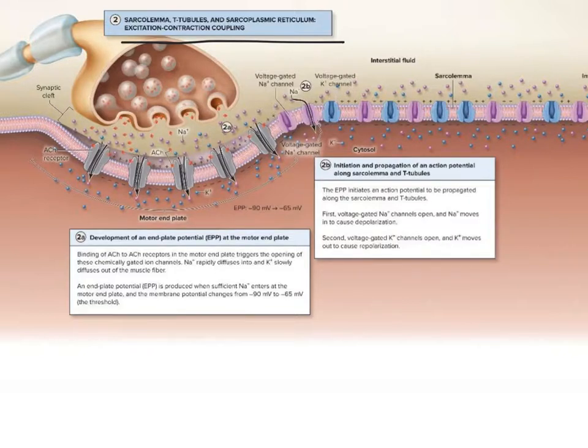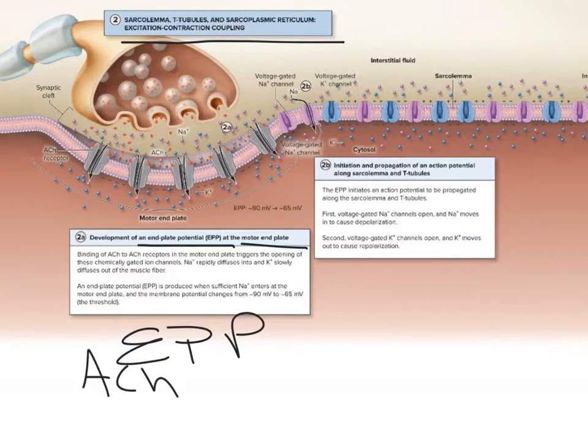You have the development of what's called an end plate potential, EPP, at the motor end plate. And this is due to the acetylcholine binding and getting the sodium and potassium to diffuse. Sodium rapidly diffuses into the cell and potassium diffuses out.